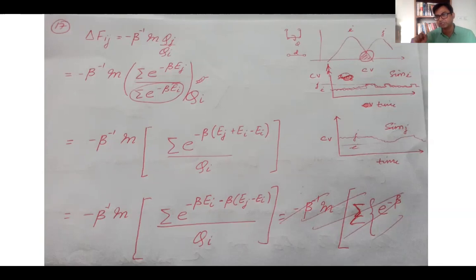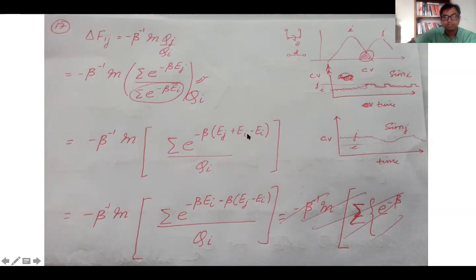You're just making an assumption that there are configurations with an energy difference. So you are going to calculate the energy as if the system was in the J state too. And so then you write the equation such that you add Ei and subtract Ei.